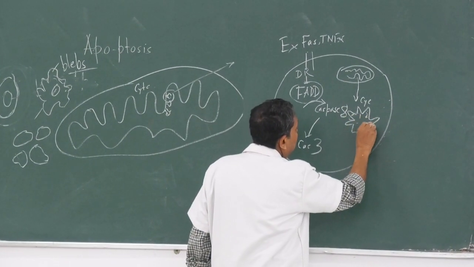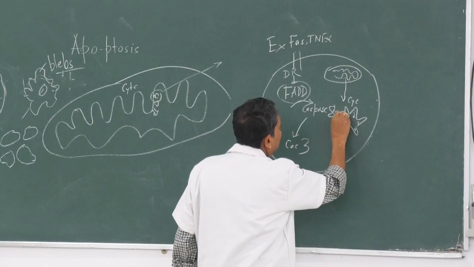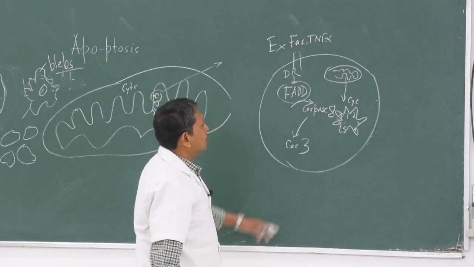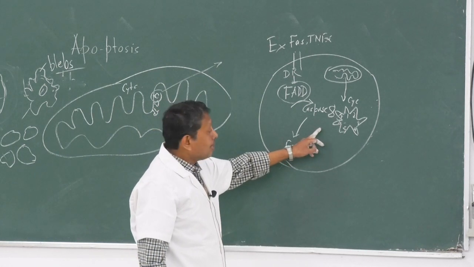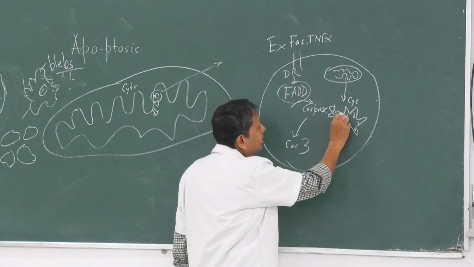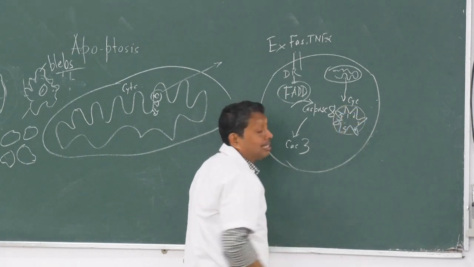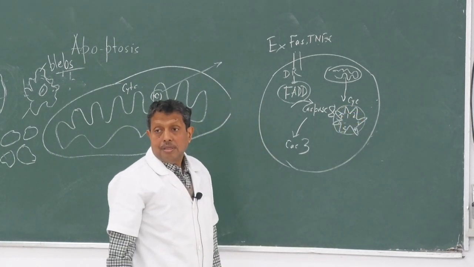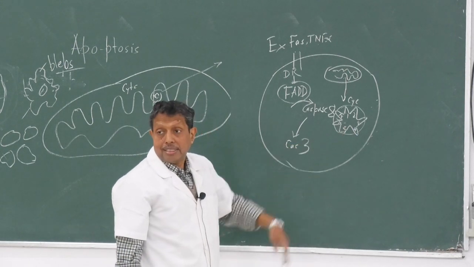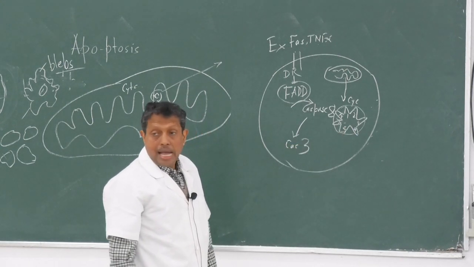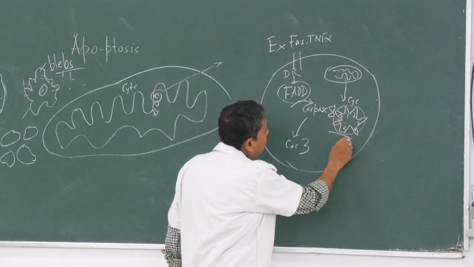One, two, three, four, five, six, 7. Wheel-like structure. Along with procaspase 9 and other elements, they will form the wheel-like structures, the apoptosomes, 7-headed, and they will activate caspase 9.